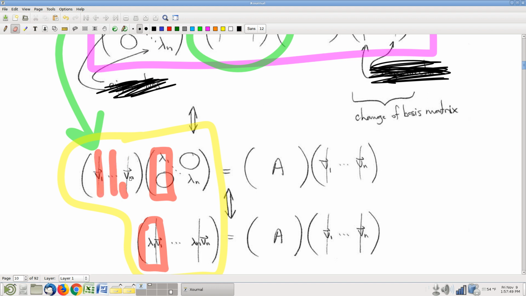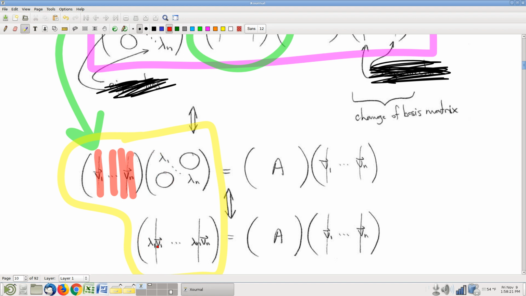This column here has lambda 1 in the first position and all zeros underneath it, because this is a diagonal matrix by assumption. That linear combination of the vectors v1 through vn gives lambda 1 v1, and a bunch of zeros times the other vectors, so all that goes away. We get just lambda 1 v1.